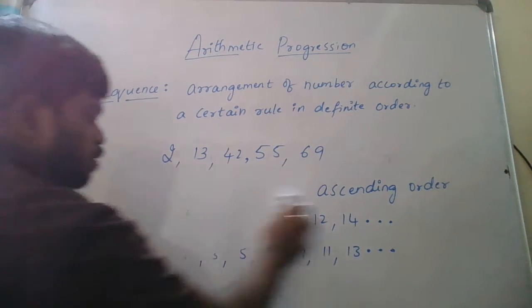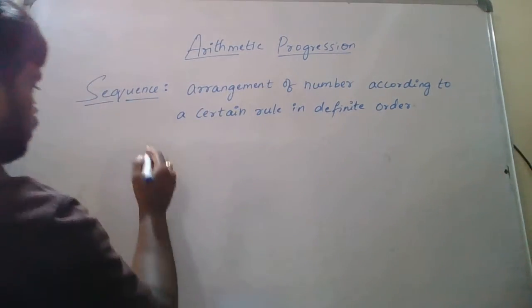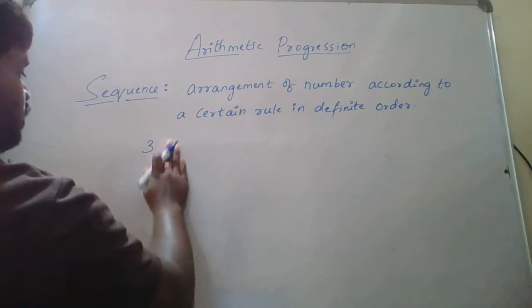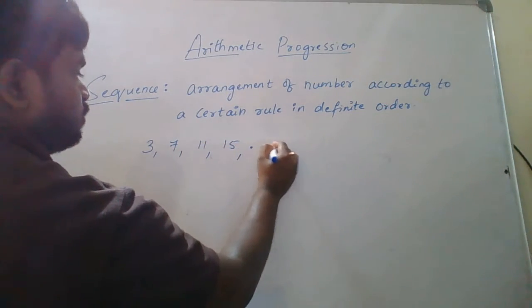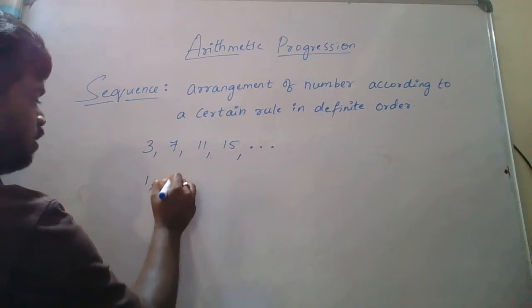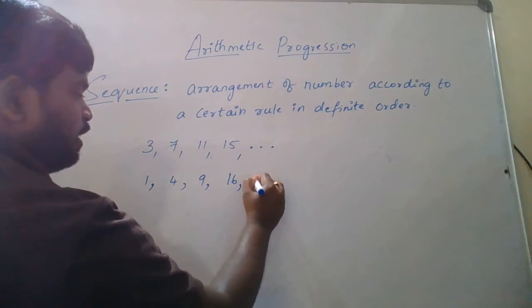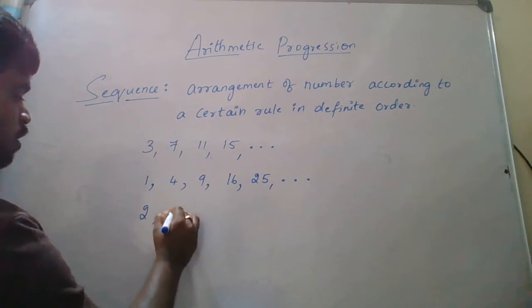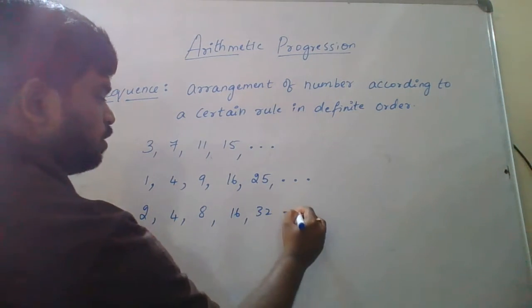Let's see some more sequences. Okay, let's say 3, 7, 11, 15 and so on, it keeps going. Or let's say 1, 4, 9, 16, 25 so on. Or let's say 2, 4, 8, 16, 32 so on. Or let's take 2, 9, 28, 65 so on. All these are examples for sequence.